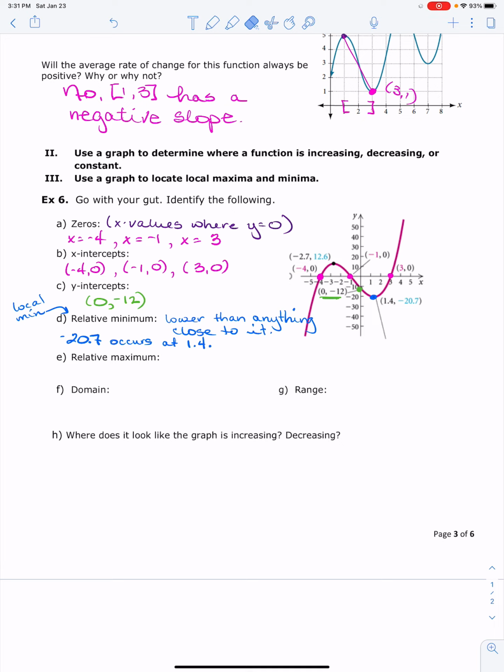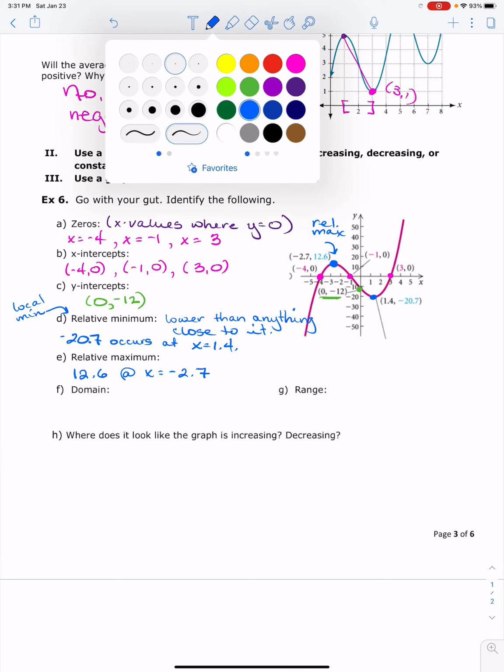Actually, let's fix this: x equals 1.4. The relative maximum then is going to be higher than anything close to it. So here's our relative max. It could also be called a local max or local maximum: 12.6 at x equals negative 2.7.